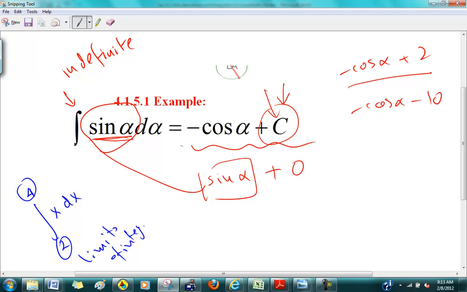And when you do this, it is called a definite integral, because there are definite limits there. When you do a definite one, there is no C. So make sure you understand these two cases. And that plus C is really important, particularly in your quizzes and tests. If you don't have that, you will get a point taken off. So I'm telling you this up front. It's not trivial. Don't just drop it.